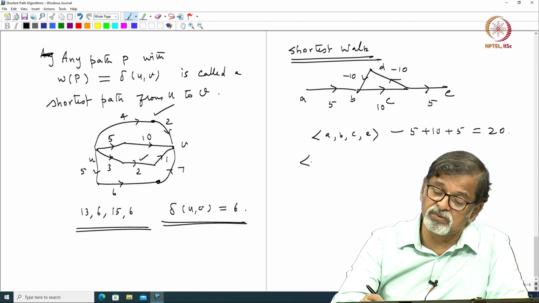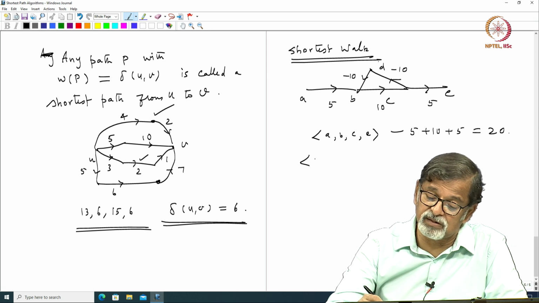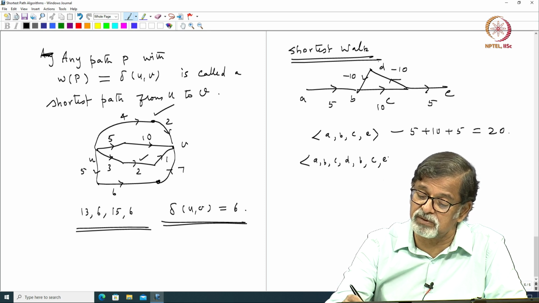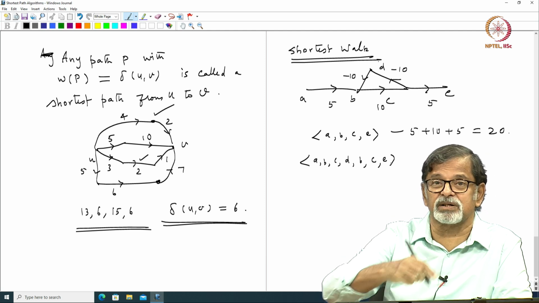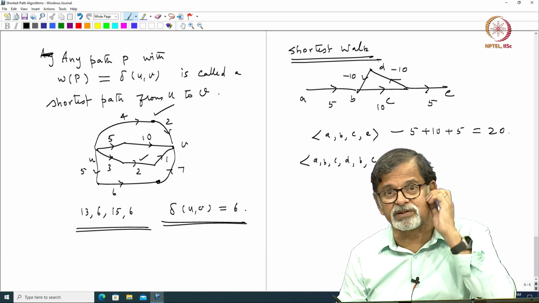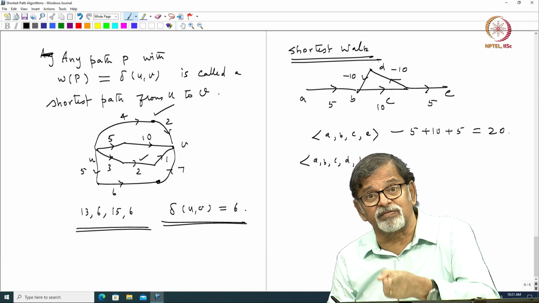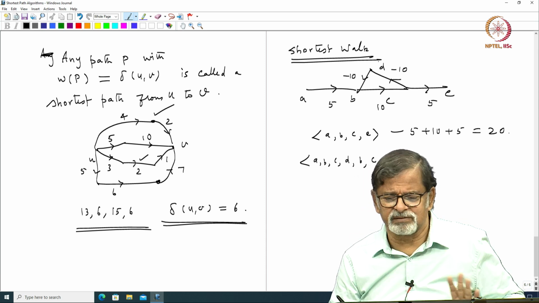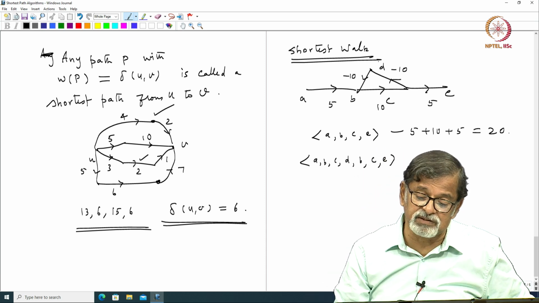But now consider the following walk: A to B, B to C, C to D, D to B, B to C, C to E. You have gone round the cycle once and you can see that there is a repetition of vertices, repetition of edges. It is a walk. What is its weight?